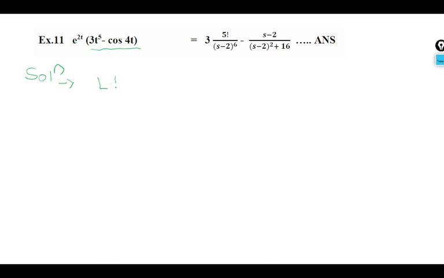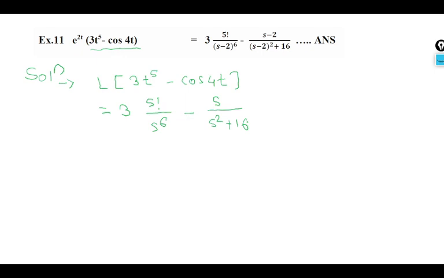So Laplace of 3t raised to 5 minus cos 4t is equal to 3 as it is, by linearity property. Laplace of t raised to n is n factorial upon s raised to n plus 1. So it is 5 factorial upon s raised to 6 minus Laplace of cos at, which is s upon s square plus a square, here it is 16.